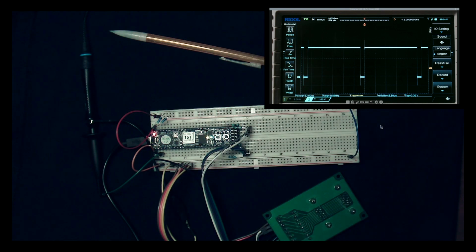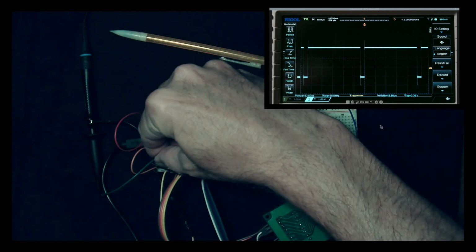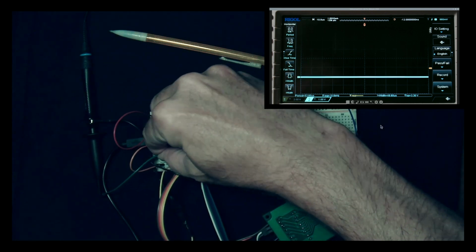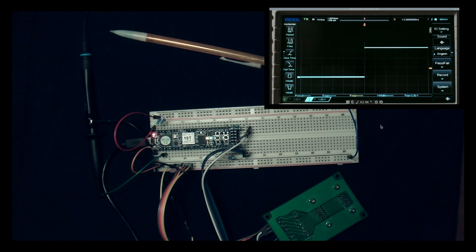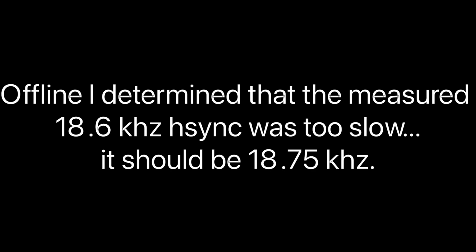And as you can see now, we have a negative going pulse on the horizontal sync at the same frequency, and also a negative going pulse on the vertical sync at close to the correct frequency.